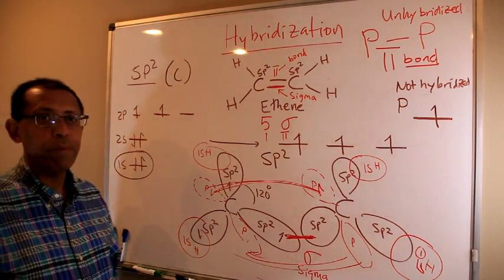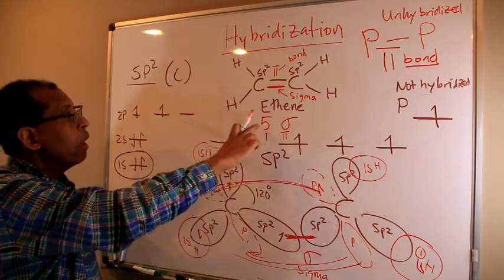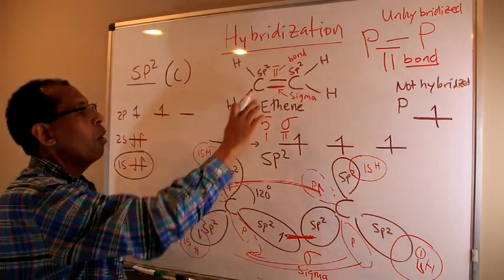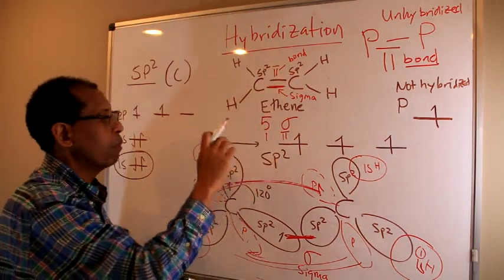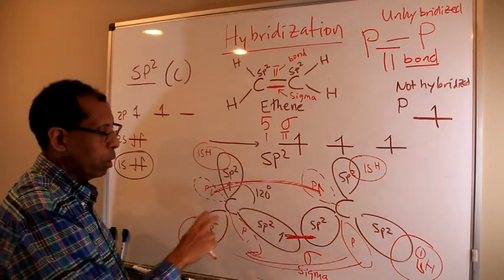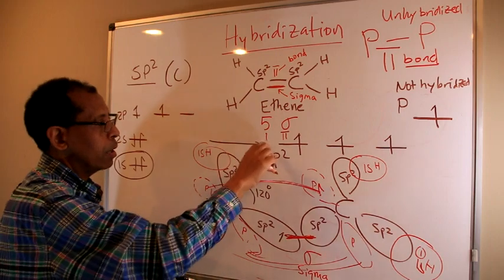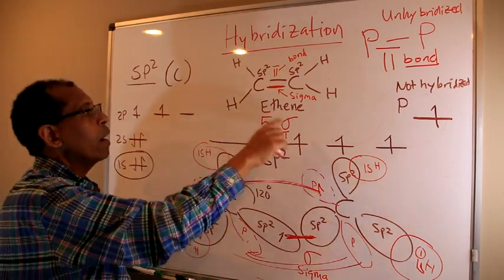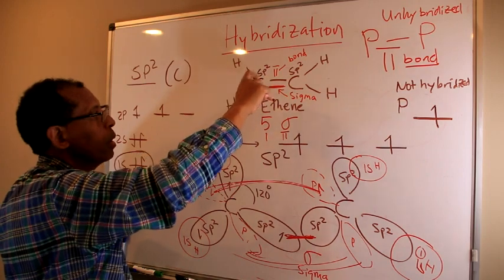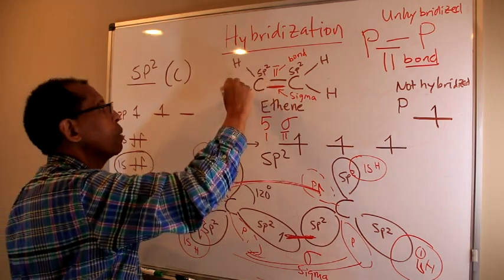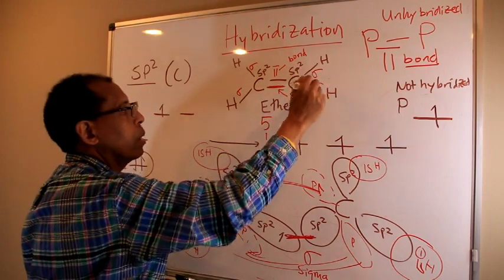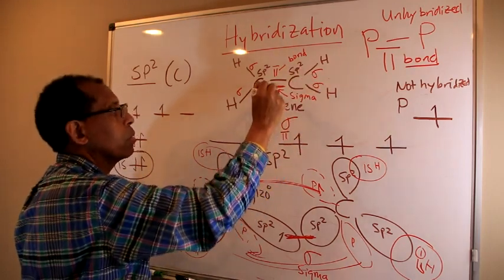So I want you to review this at home. An ethene or alkene is made of 1 pi bond from the interaction between the p orbitals on each carbon, and 5 sigma bonds. All of these are sigma, and this one is also sigma.